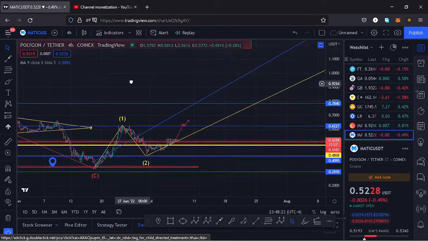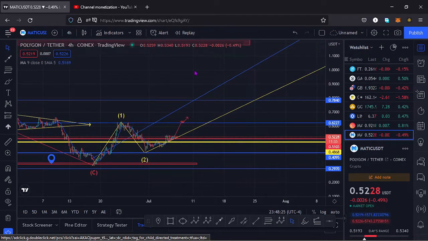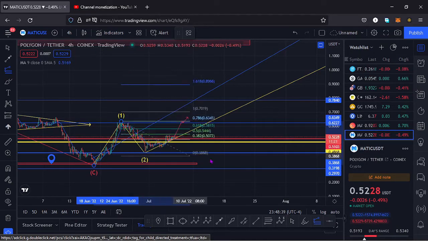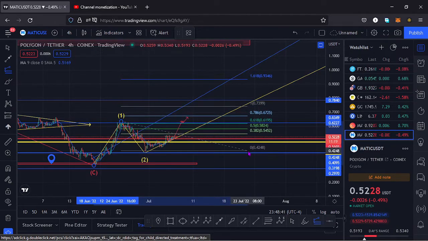And if I also use the trend based Fibonacci so that we can try and get a target area for that wave 3 to the upper side, I apply the trend based fib from that low down there to that high of the wave 1 and then to the low of the wave 2.